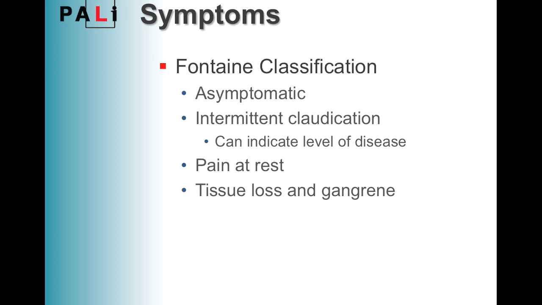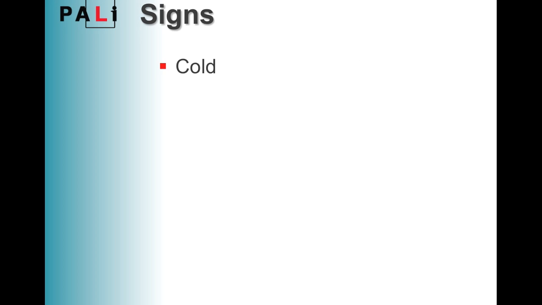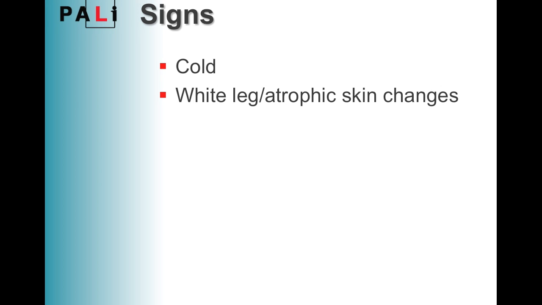Signs of disease include cold limbs, white, pale looking legs, atrophic skin changes such as loss of hair, some tissue loss, thickening of the nails of the feet. There's an increased capillary refill time, so this can be very markedly increased.